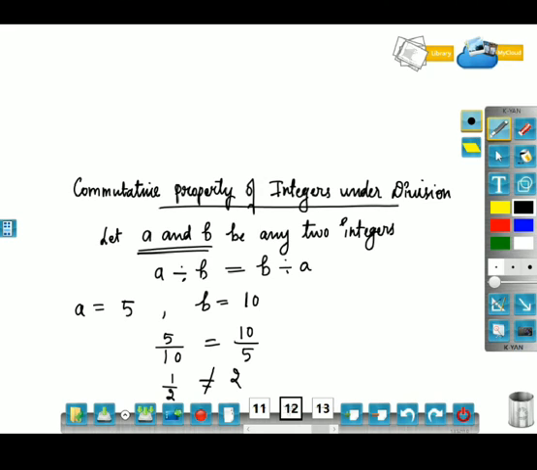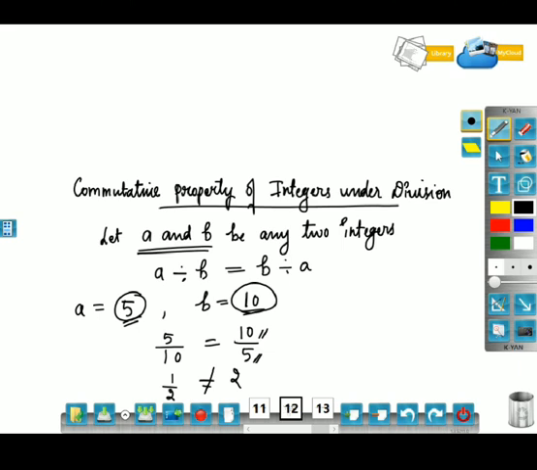Now let's check by putting some values for a and b. We have put a is equal to 5 and b is equal to 10. So a by b is 5 divided by 10, and b by a is 10 divided by 5. On simplifying, 5 by 10 gives 1 by 2, and 10 by 5 gives 2, and 1 by 2 and 2 are not equal.